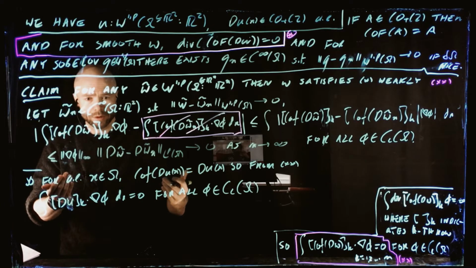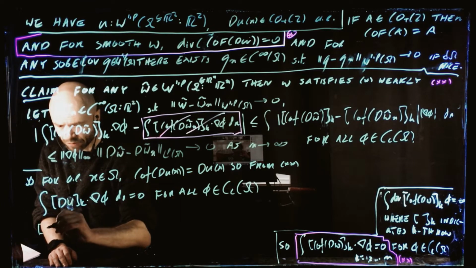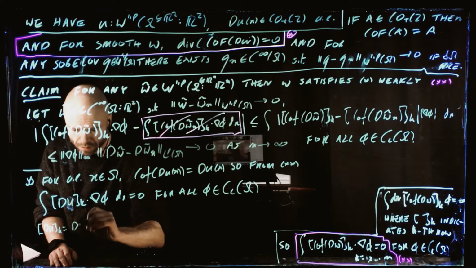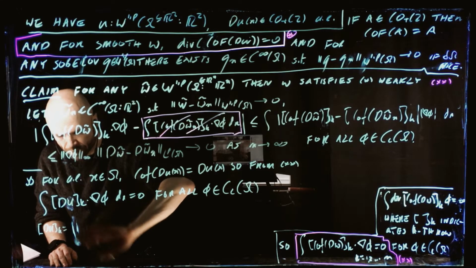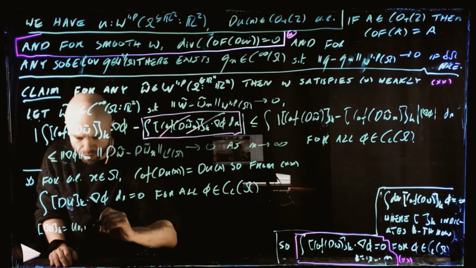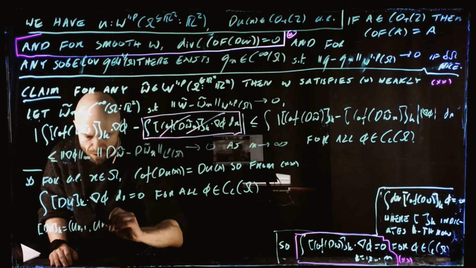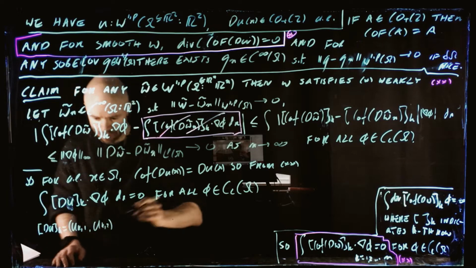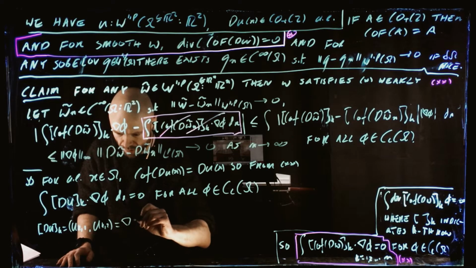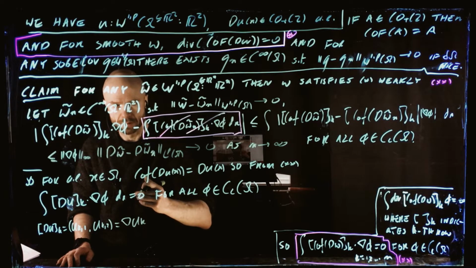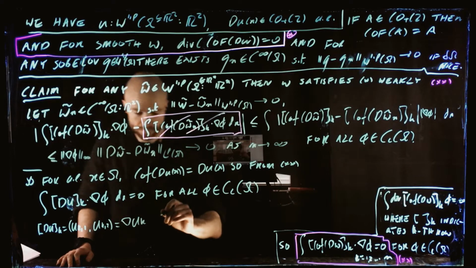is weakly harmonic, right? Because what is the first row of this thing? It is u_k,1, u_k,2. That's the first row, which is the same as the gradient of u_k, the kth component of u.